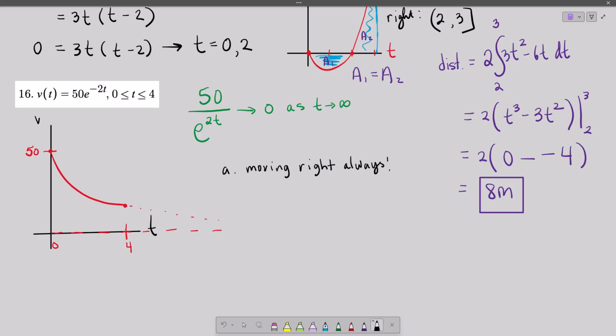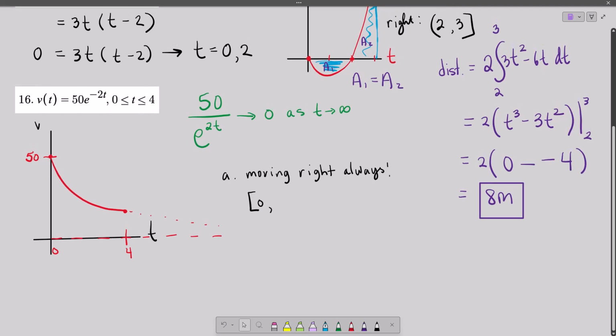So the interval will be 0. We're going to include the 0 though because there is movement at 0. It's moving to the right, the velocity is positive at 0. And then at 4, can we include that also? Yeah, we can include that because velocity is not 0. So moving to the right.